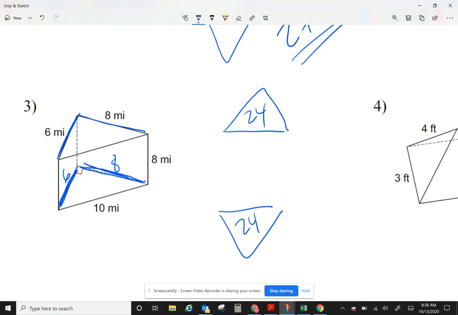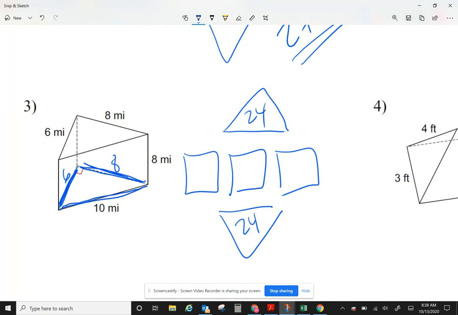Because the base has 3 sides, right? My triangle has 3 sides. That means this room has 3 walls. Let me look for the 3 numbers on my triangle. I have this triangle here at the bottom, and I see my 3 numbers there, 6, 8, and 10. Now, let me identify the number that has nothing to do with my triangles.